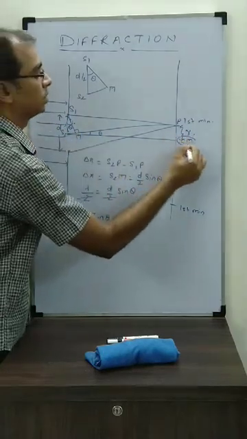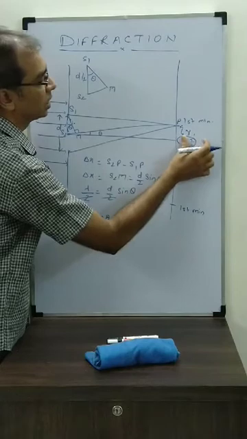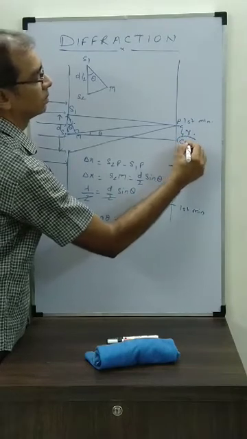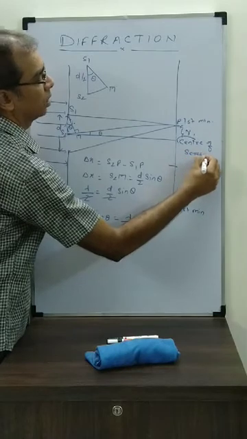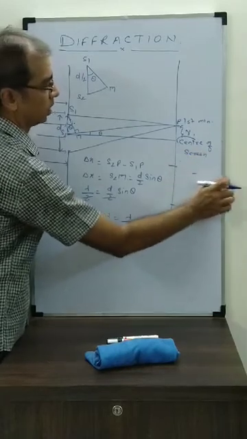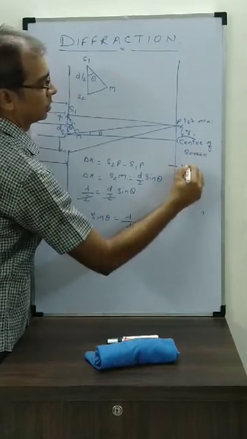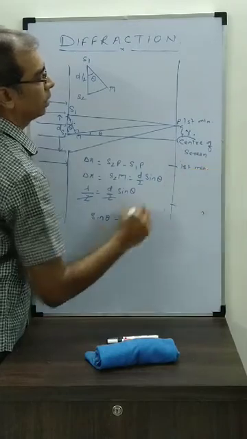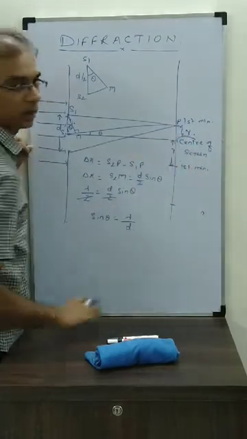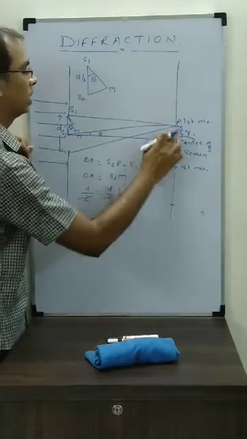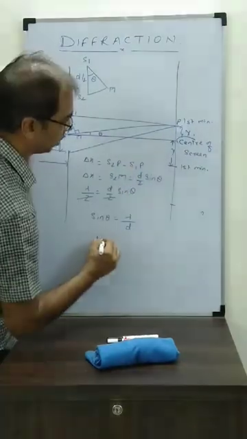So this is the position of central maximum, or you can say this is the center of the screen. Okay, let's put this first minimum, middle, above. This is first minimum. Okay, so this also will be y, and this is also y. Alright, so in this triangle you can say tan theta equals y by D.